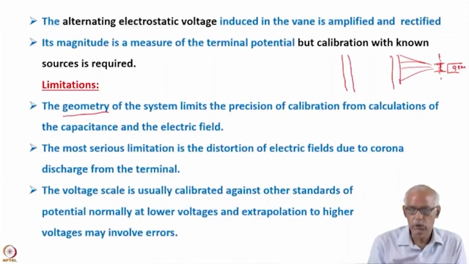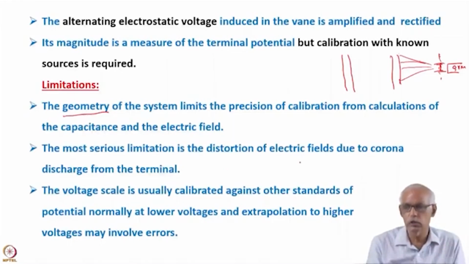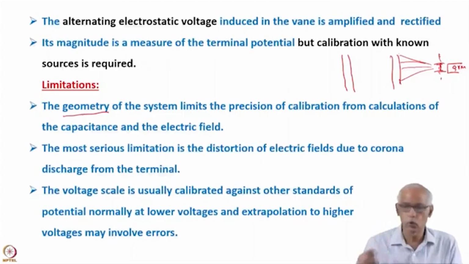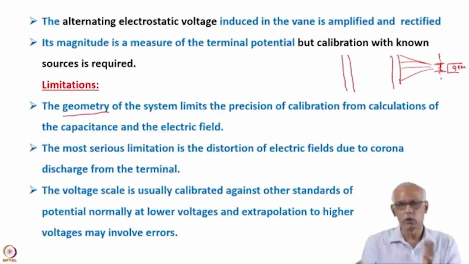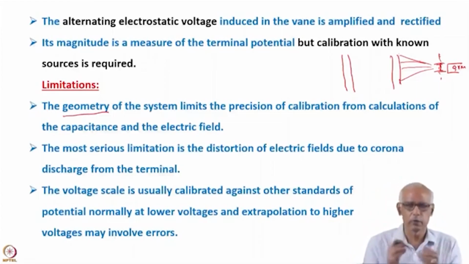And here the most serious limitation is the distortion of electric fields, as I explained just now, due to corona discharge from the terminal. We are now handling high voltages, so there will always be some corona formation.